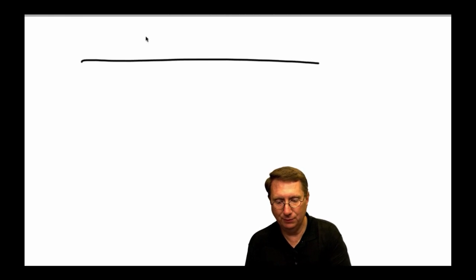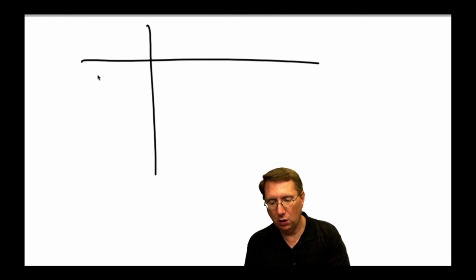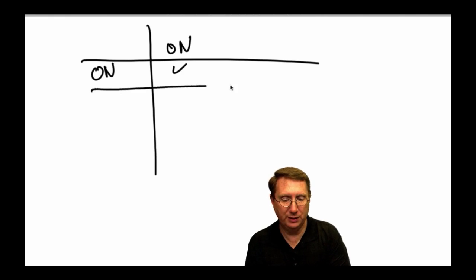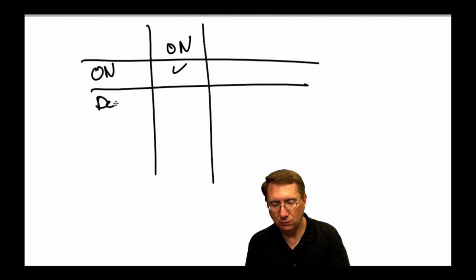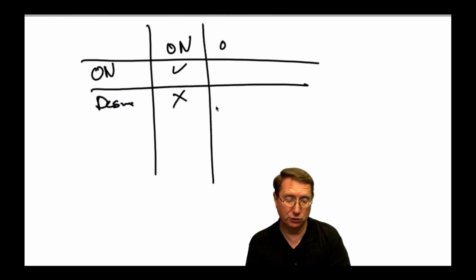So if we were to look at this from the point of view of just putting it into a table, what we'll end up having here is our modes. My first mode would be on and on, which means I'm going to be able to form a trunk. If I have desirable and on, I'm not going to form a trunk.